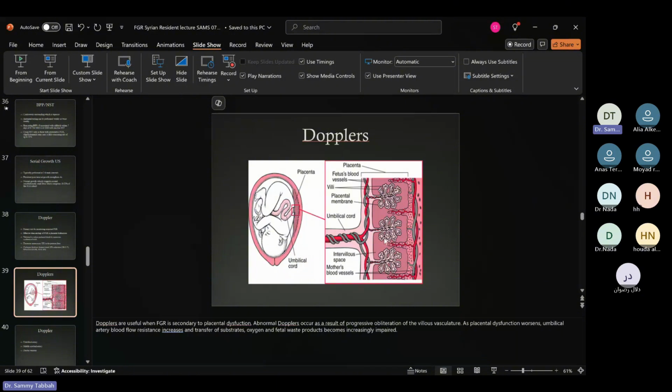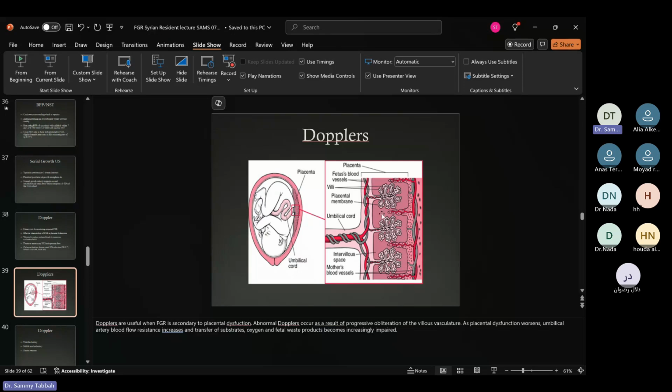This is a schematic of what the histology looks like in the placental villi. And this is the interface between the uterus and the placenta. The umbilical artery Doppler studies are based on the premise that these villi units should be working properly and are patent.